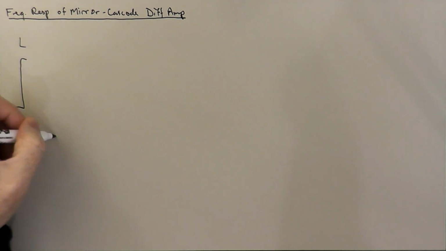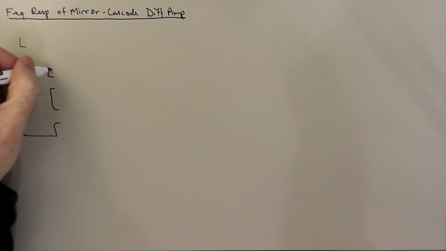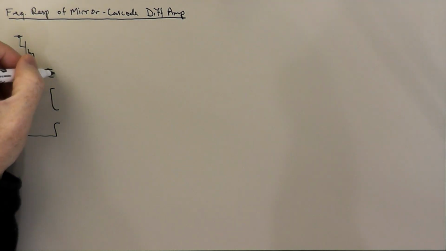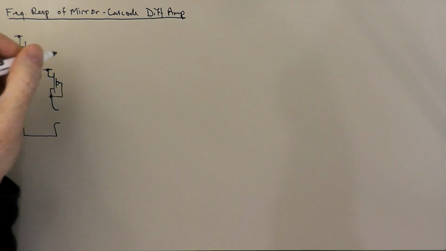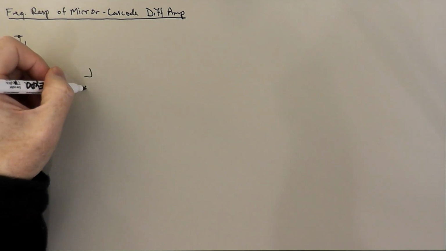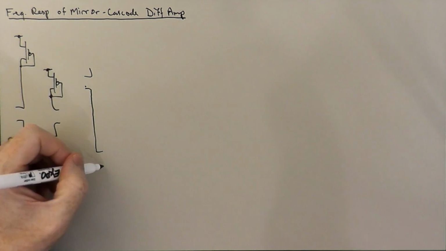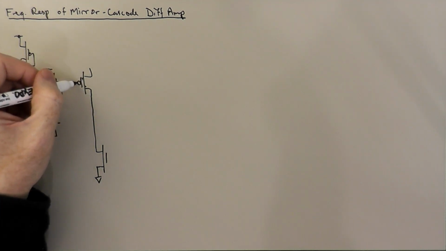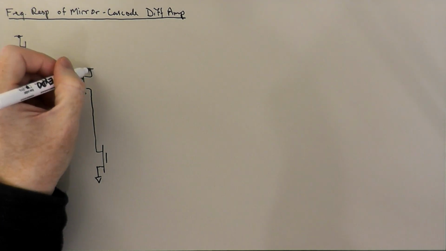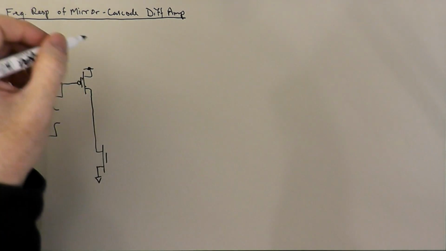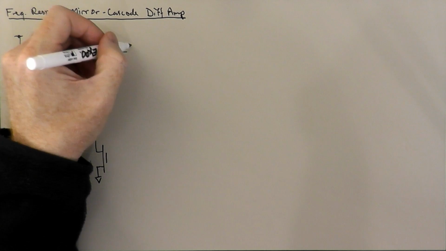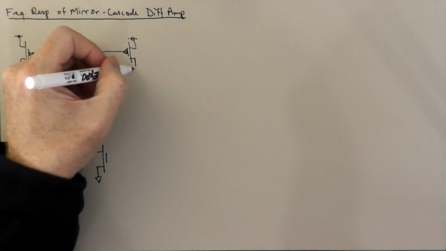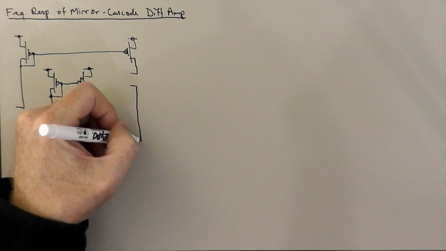What we're talking about is a diff pair, our two current mirrors. We have cascode transistors in the output branch.